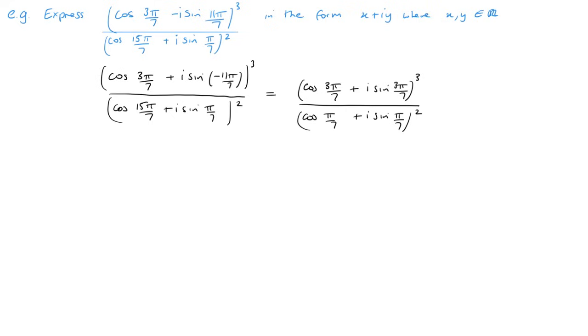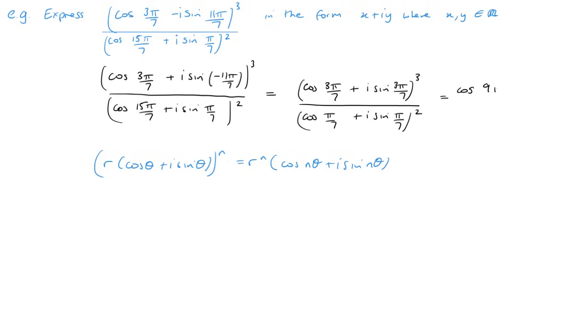Now I can use de Moivre's theorem. So remember, this is de Moivre's theorem. Now we haven't got an r in this case, but we have got the power. So the power will basically come down in front of the thetas. So this is now going to be cos, now I'm going to do 3 times 3 over 7 pi.